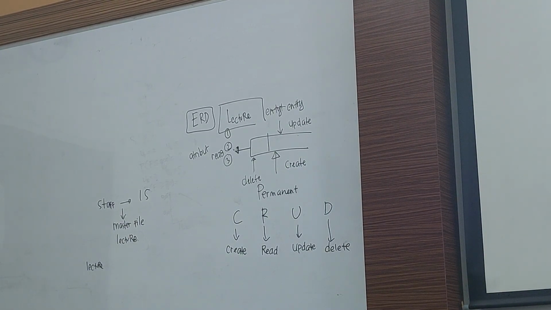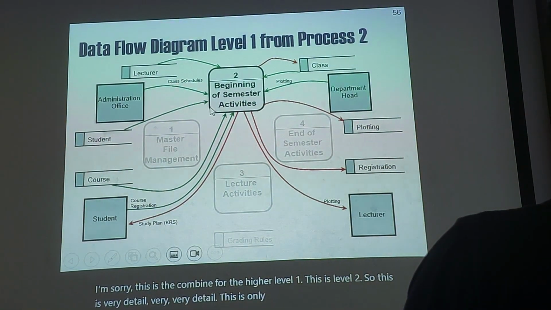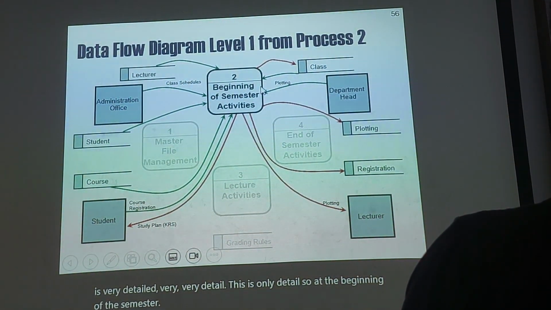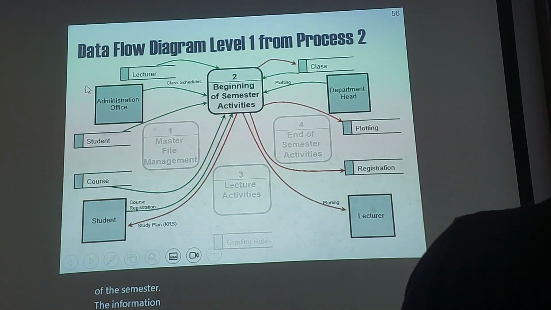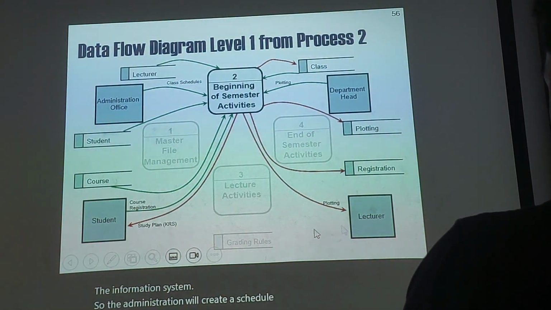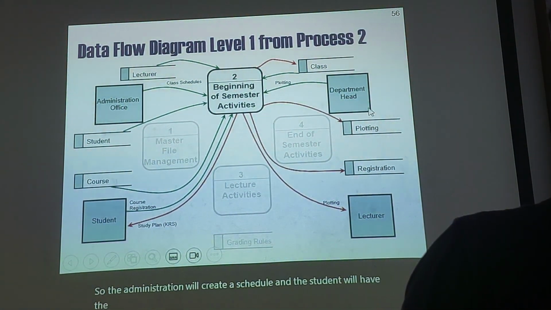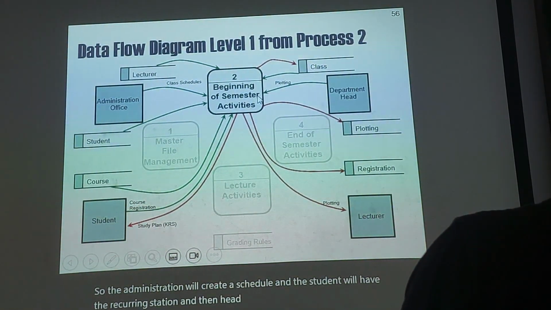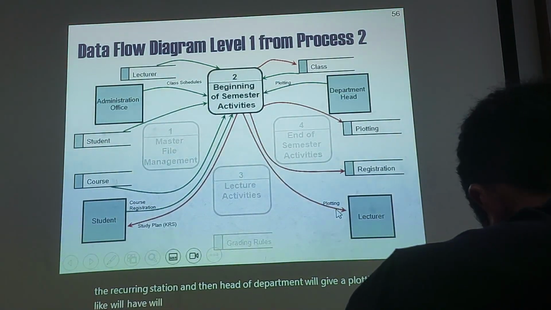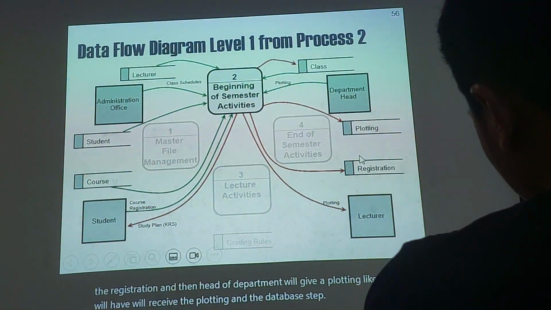So this is very detailed. This is only the overview. So at the beginning of the semester, in the information system, the administration will create a schedule, and then students will do the registration, and the head of department will give plotting, the lecturer will receive the plotting, and the databases correspond with this process.